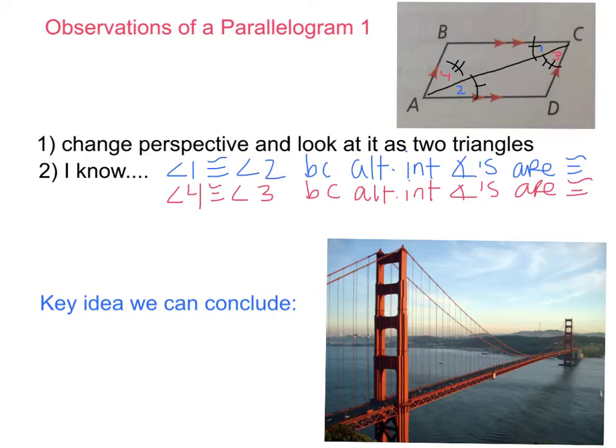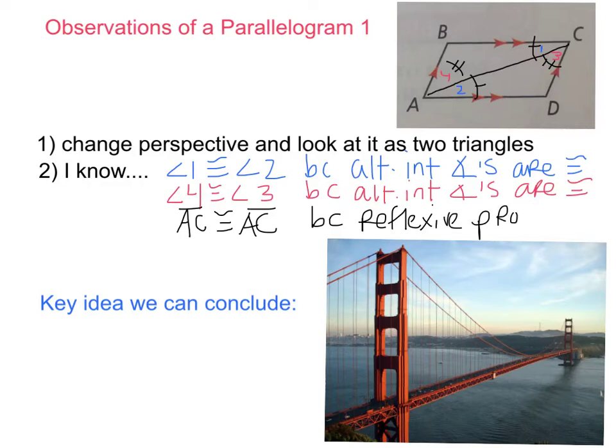Now, here's what I know. AC is definitely congruent to itself. So I'm going to write AC is congruent to AC, and the reason for that is the reflexive property. And let's mark that.